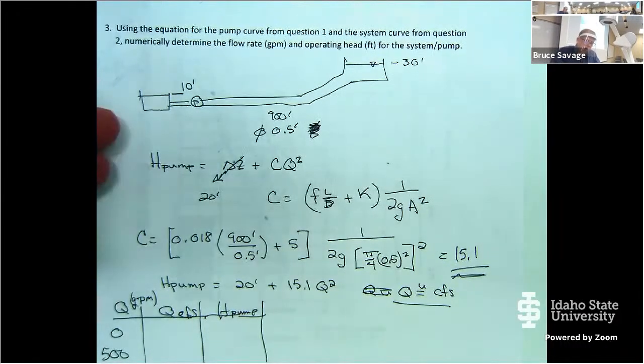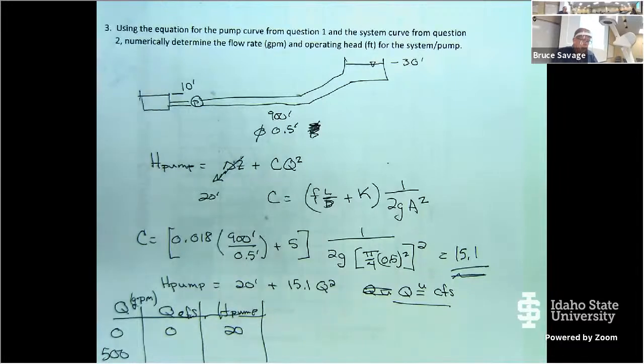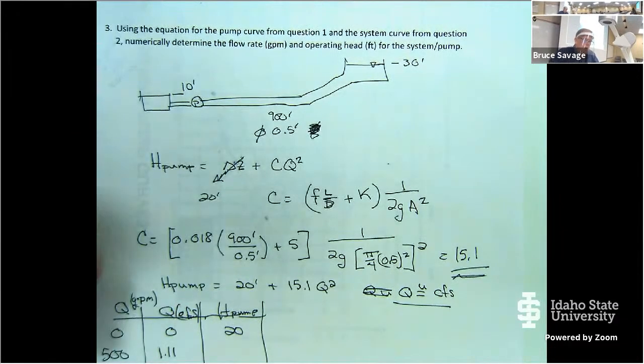So at 0, I'm going to hit a value of 20 as expected, 20 feet that I have to lift it up. 500 is going to give me 1.11 cubic feet per second. And at 1,000, this will be 2.22 cubic feet per second. So now I can go ahead and plug those into my pump equation.